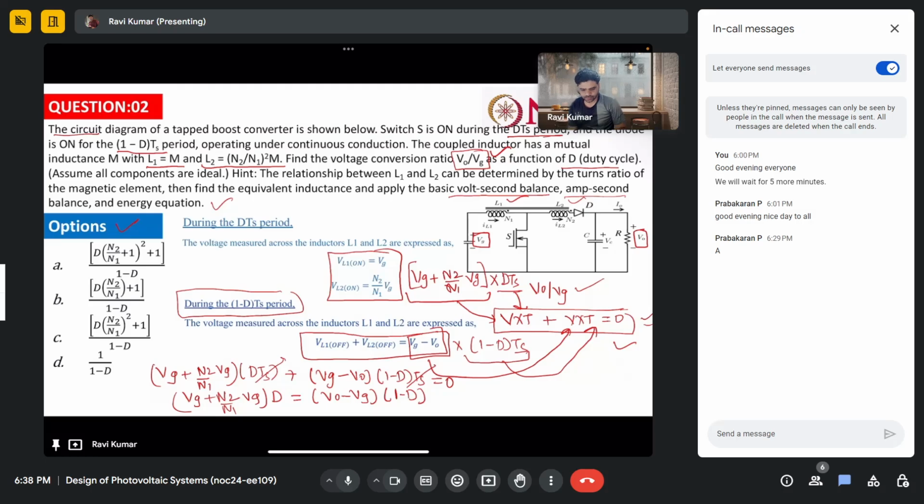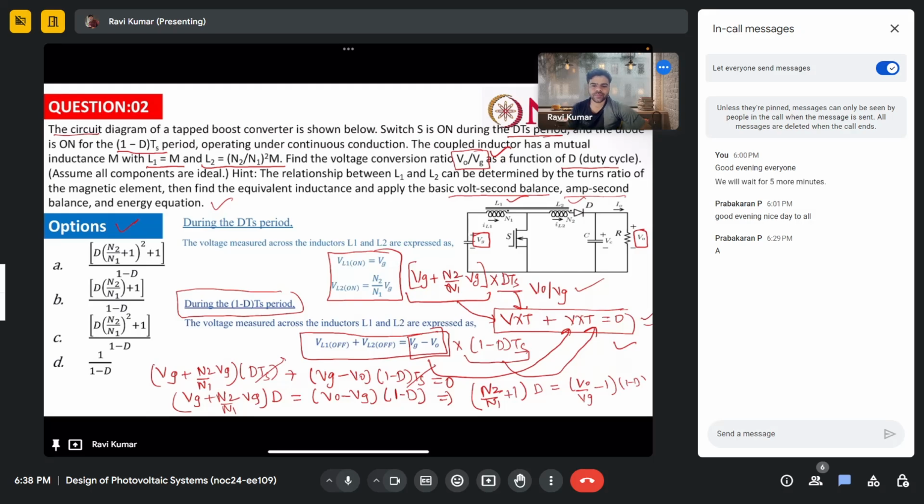B. Just take the Vg outside here, so you will get like this: N2 divided by N1 plus 1, into D, equals V0 by Vg minus 1, into 1 minus D. If you solve this, then you will be getting B, right?